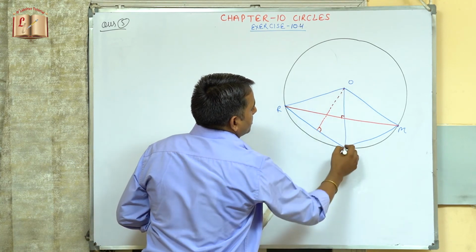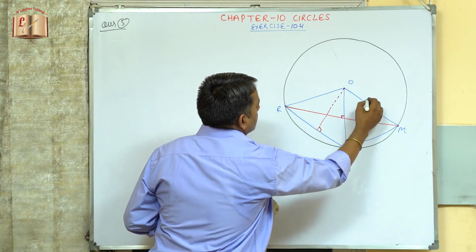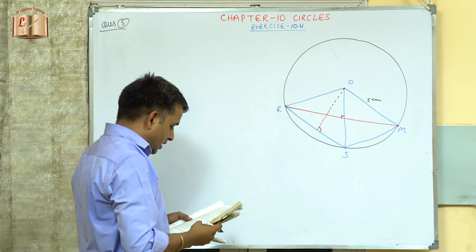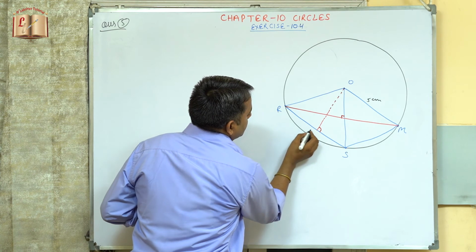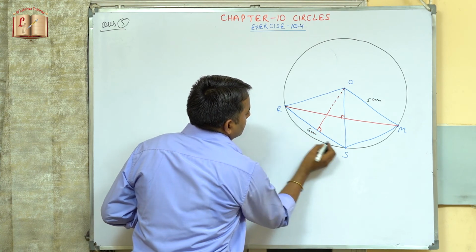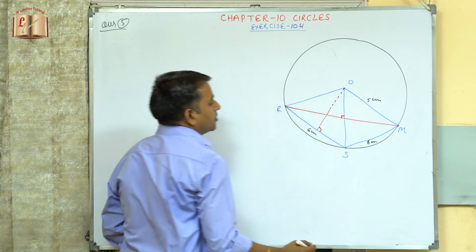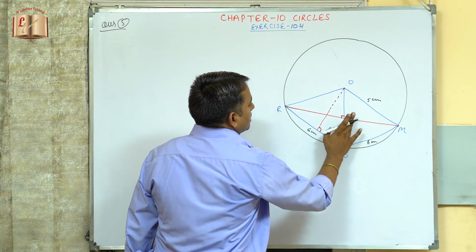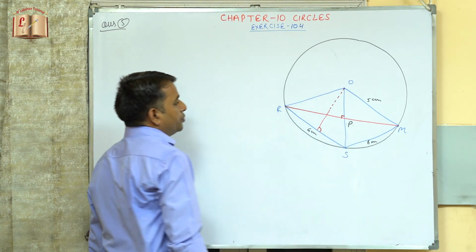The radius is given to us as 5 centimeter, and the distance between them is 6 centimeters each. So this is 6 centimeter, and this is also 6 centimeter. Suppose this point can be taken as P.